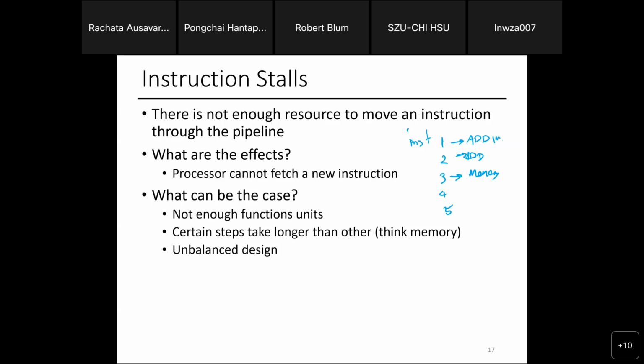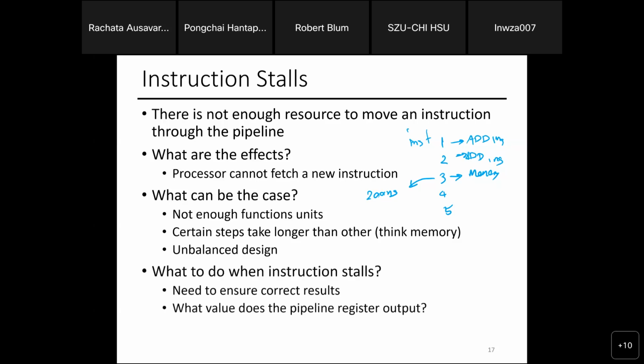Let's say the add takes 1 nanosecond, while the memory takes 200 nanoseconds. It basically means I don't see the instruction's results until I wait 200 nanoseconds. It blocks everyone else. Sometimes you also have an unbalanced design: you give too much resource to something that is not your bottleneck.